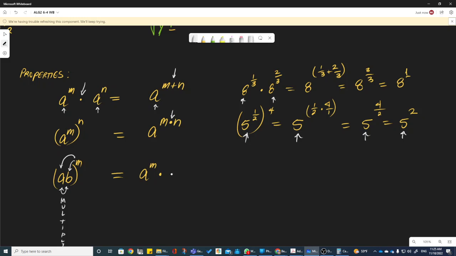So this is (a times b) to the power of m. Here's the example. 4 times 5, all to the power of 1/2. Okay? So this becomes 4 to the power of 1/2 times 5 to the power of 1/2. Okay?